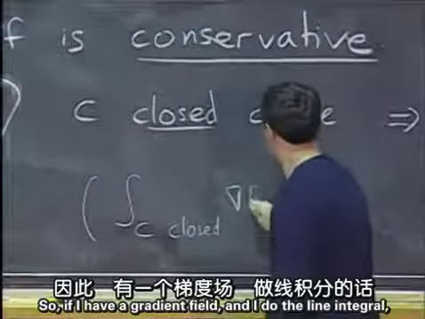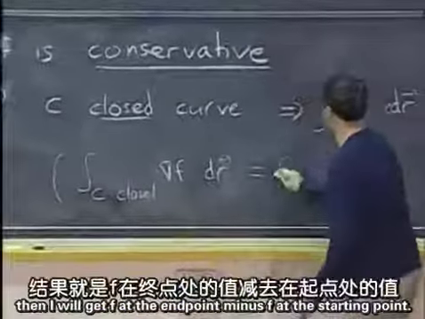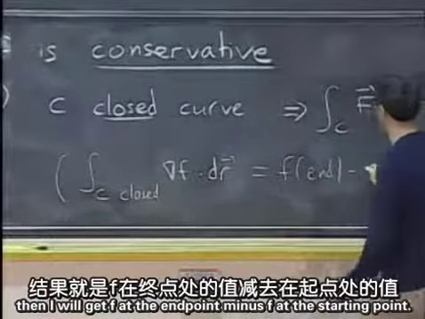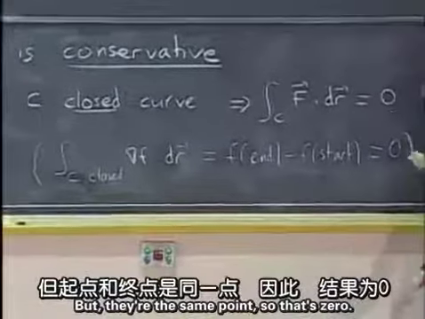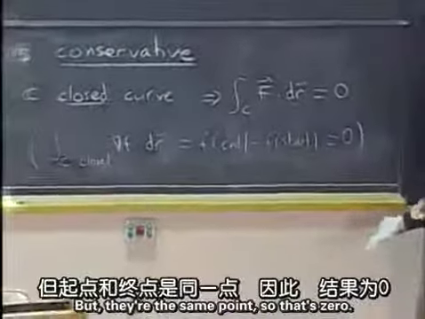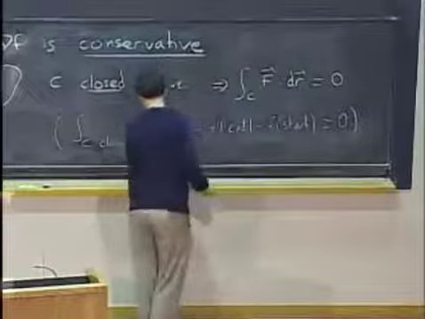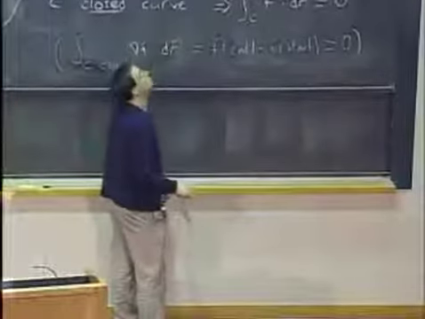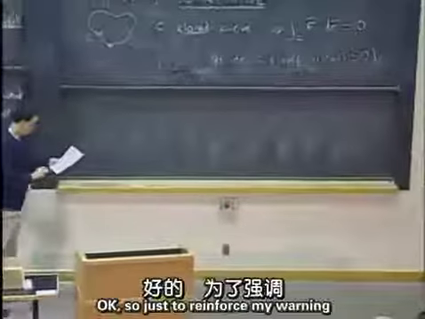So if I have a gradient field and I do the line integral, then I will get f at the endpoint minus f at the starting point. But they're the same point, so that's 0.